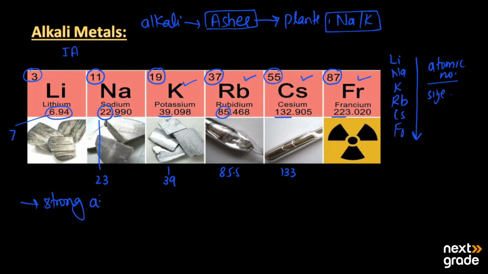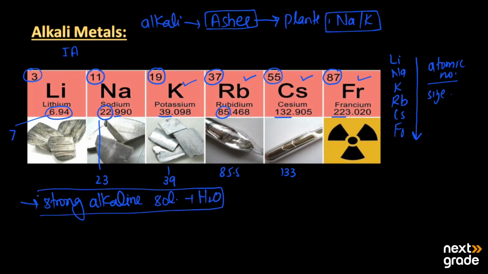Strong alkaline solutions mean they produce strongly basic solutions in water. That's why they are known as alkali metals in the periodic table. They mainly include lithium, sodium, potassium, rubidium, cesium, and francium. So this was a simple overview about the alkali metals.